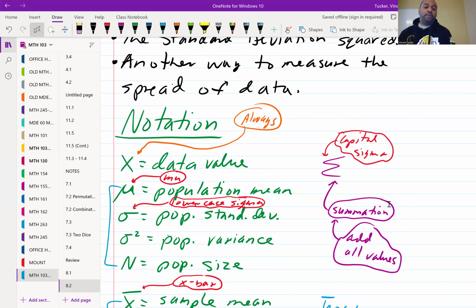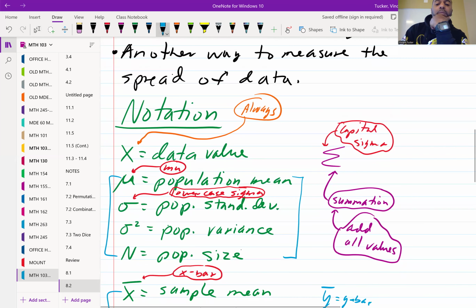But lowercase sigma is your population standard deviation, and sigma squared is your population variance. Capital N is your population size. All right, so those are your population symbols.